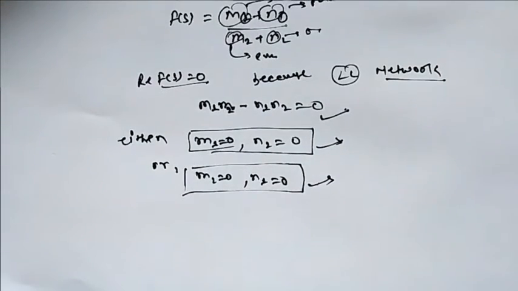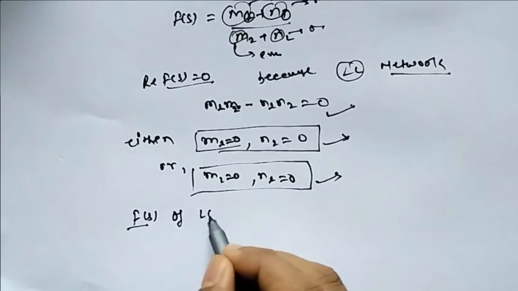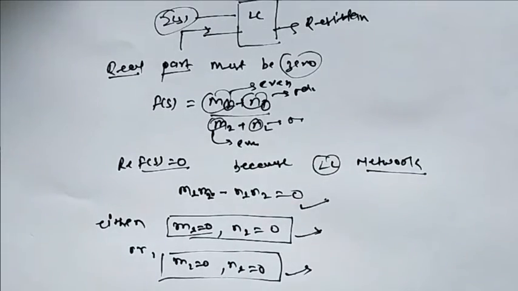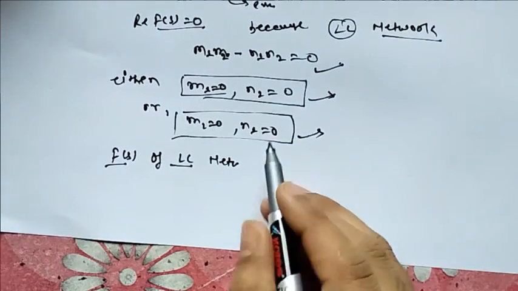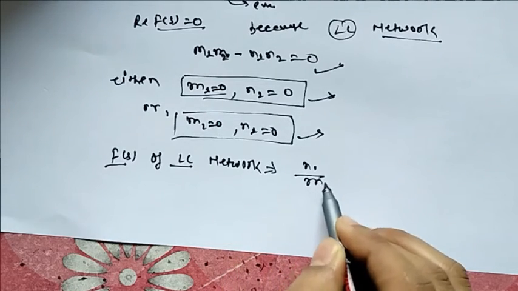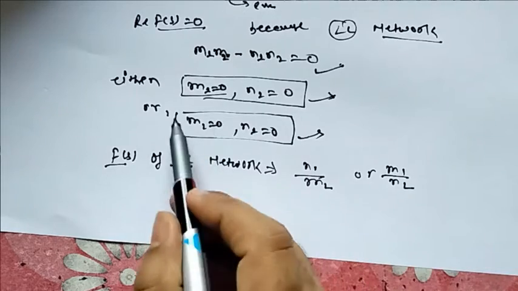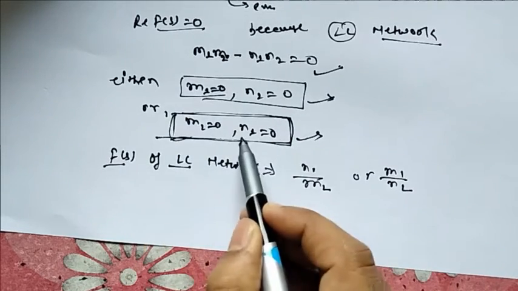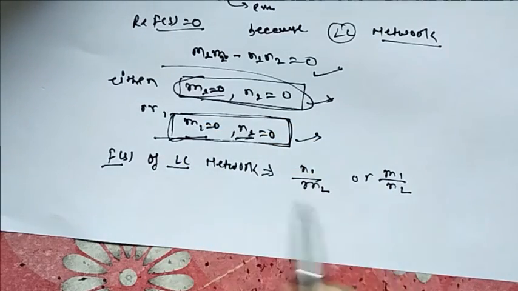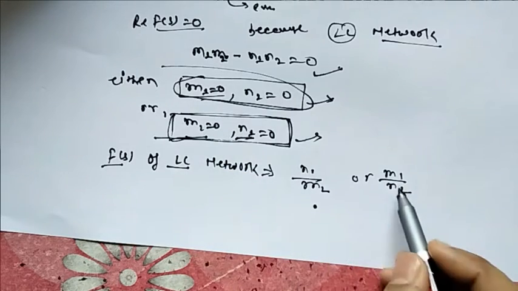It means that we can have a function F(s) of an LC network. F(s) of an LC network can be of the form n1 by m2 or m1 by n2, because either this combination is possible, so we will take n1 by m2, or this combination is possible, so we will take m1 by n2.